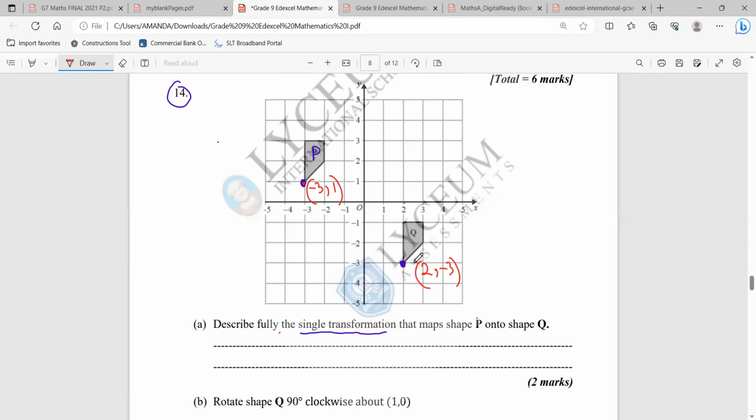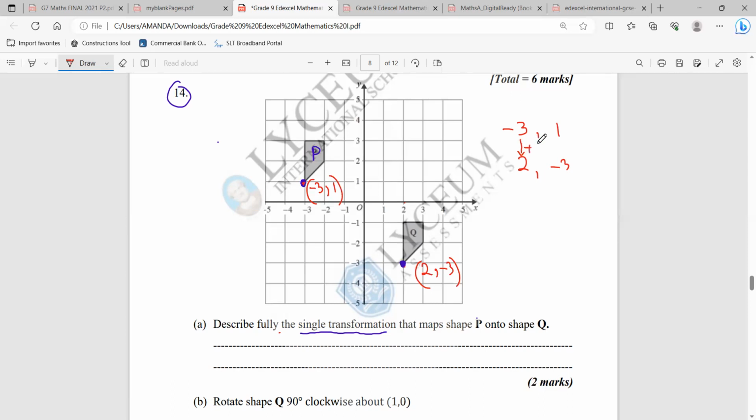Now let's see what has happened. I write it like this: 2, -3. Now it's very easy to see. The x coordinate has moved from -3 to 2, so it's a plus 5.